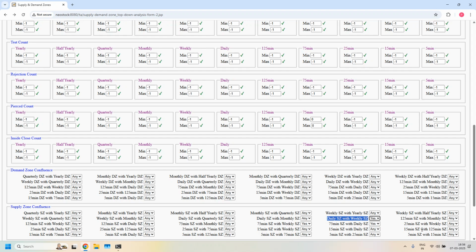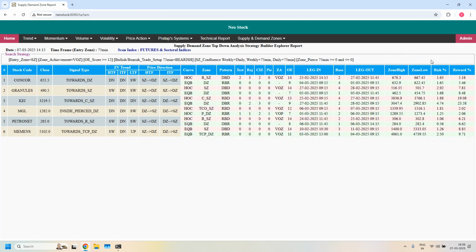With all the three filters, LTF, ITF and HTF supply zone confluence, we got 6 stocks. In these 6 stocks, the 75 minute supply zones are overlapped with daily supply zone, and both together overlapped with weekly supply zone. This is what happened in all the 6 stocks.